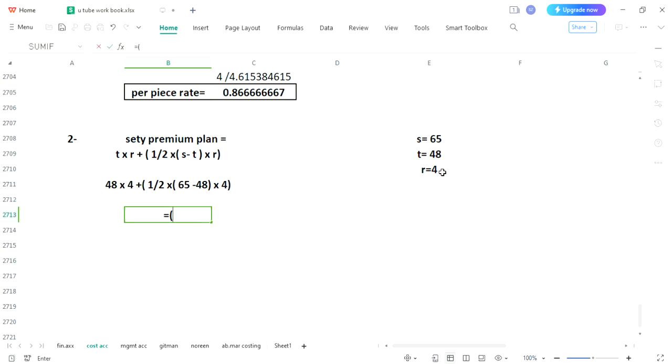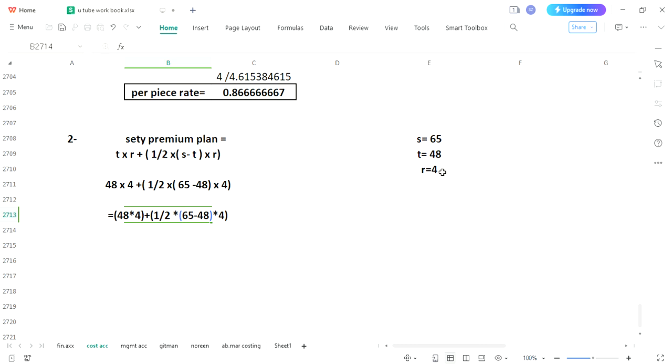So this is the way you will put your values, and now we will be calculating it. First 48 would be multiplied with 4, bracket closed, then add bracket open 1 by 2, and it would be multiplied, then again you will open your bracket, 65 minus 48, bracket closed, and then you need to multiply it with 4 as well, bracket closed.